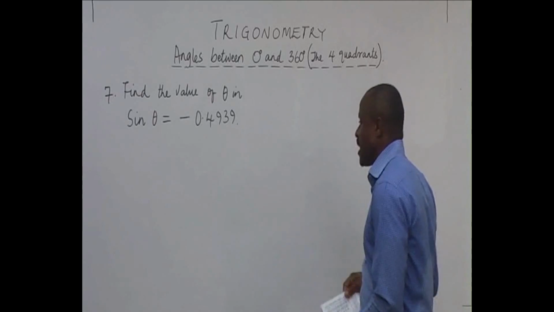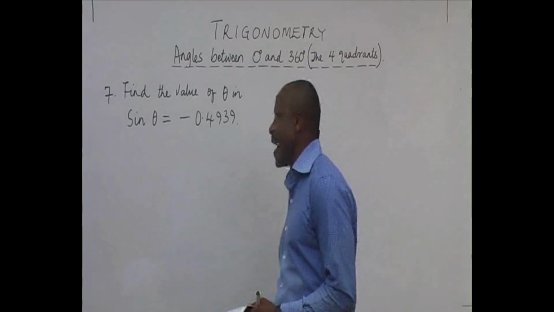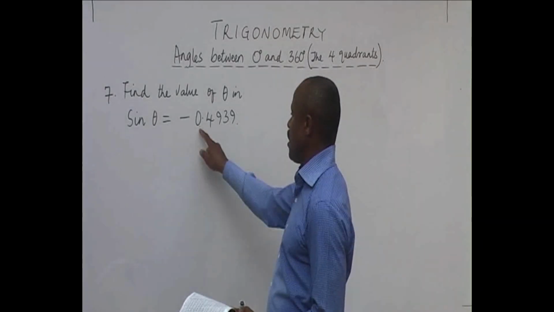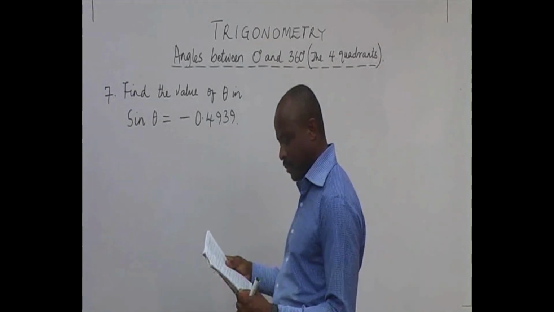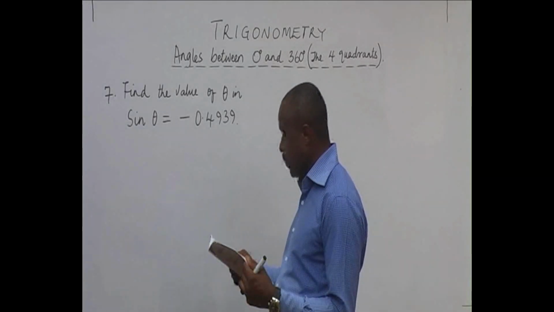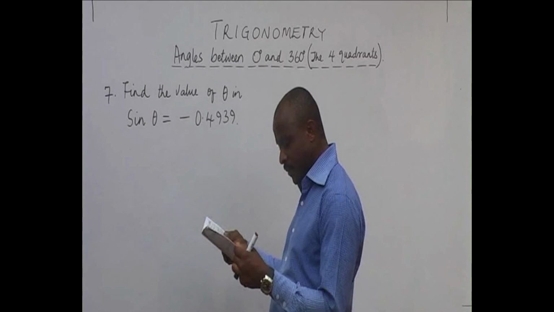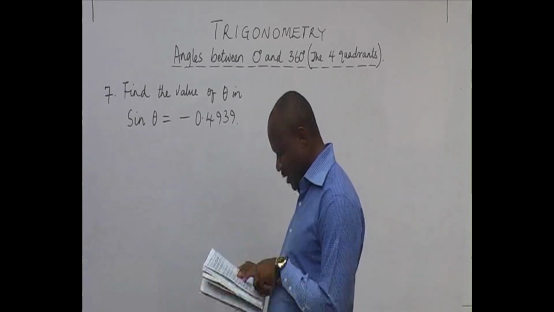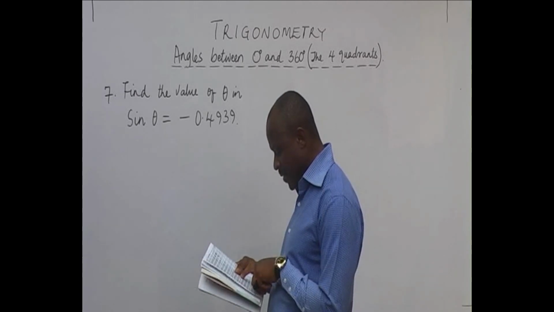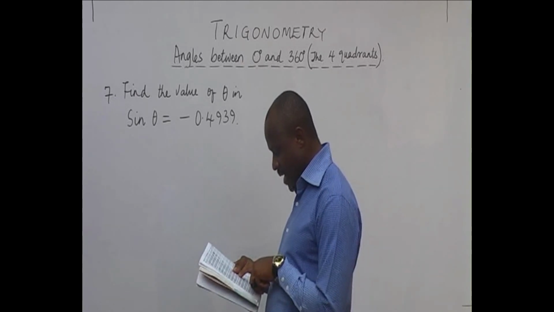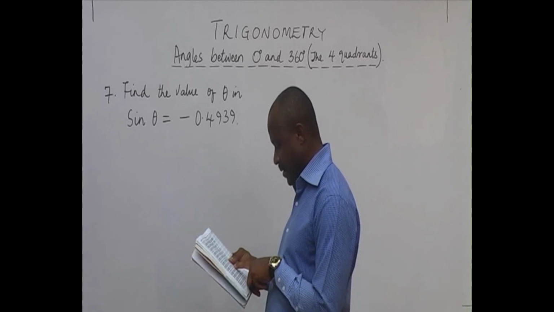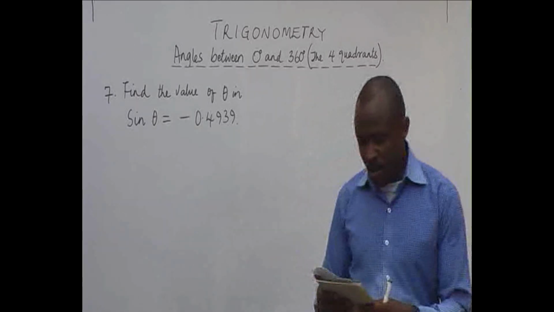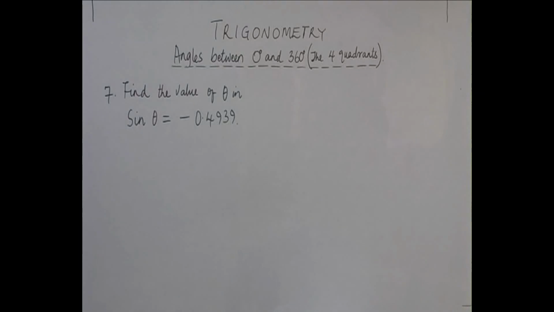Go to your four-figure table. Open the sines of angles. Look for this number, 0.4939. I could find 0.4939 at 29 under 6. Let me come and show you this as an example.